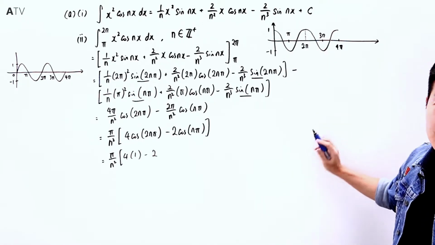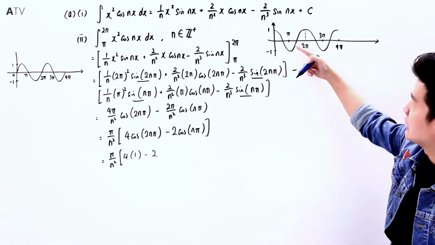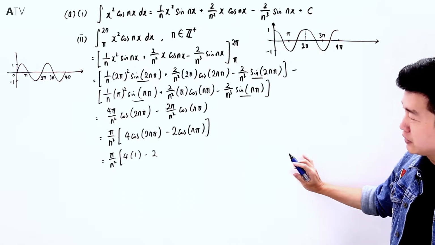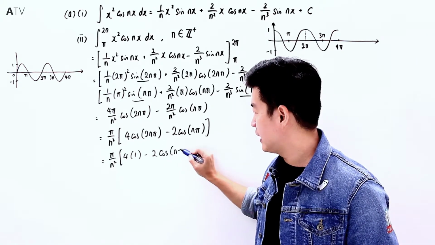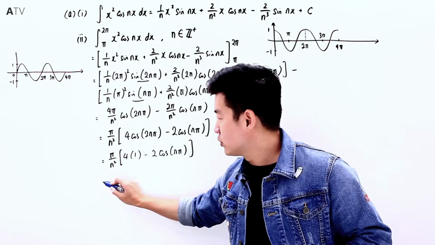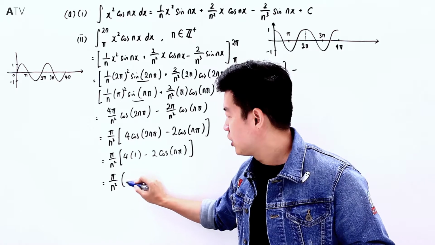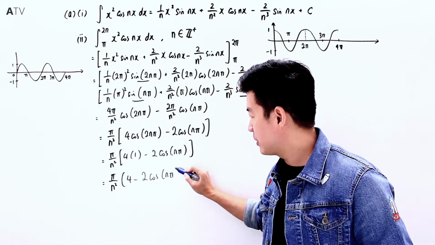These are all integer multiples of π, which means that this particular value is always going to fluctuate between -1 and 1, which we'll consider in a short while. So I'm going to leave this as cos(nπ). The simplified version will be 4 minus 2 cos(nπ).